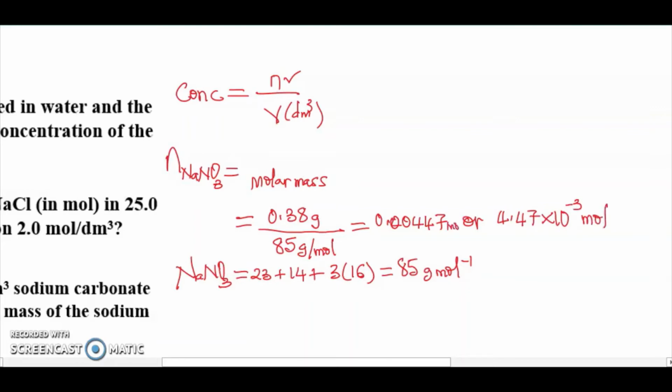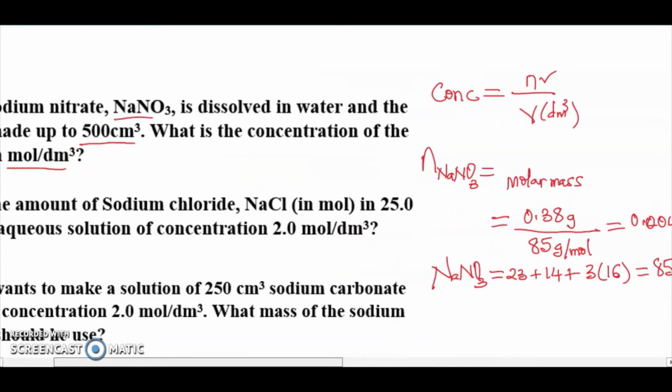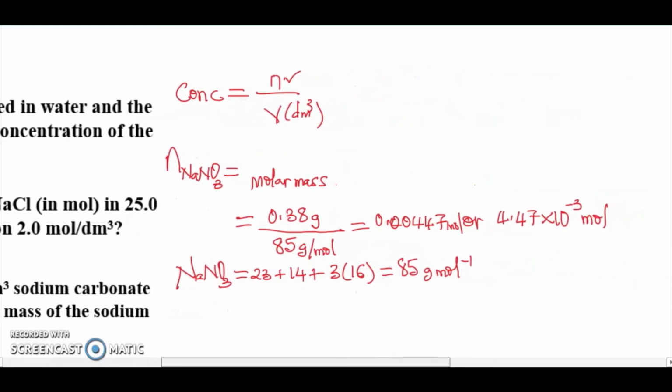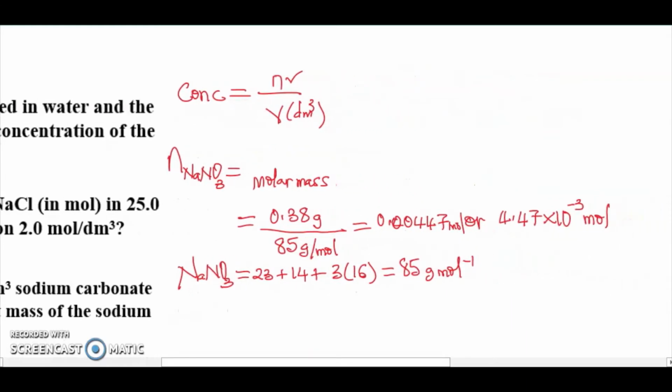So this is the number of mole. But is that the final answer? Of course it isn't. We also need to convert the volume to dm cube. In the question, we're given 500 cubic centimeters. So that is the volume in cubic centimeters. So we need to convert it because the volume we should use here should be in dm cube. So to convert from cm cube to dm cube, we simply divide by 1000.